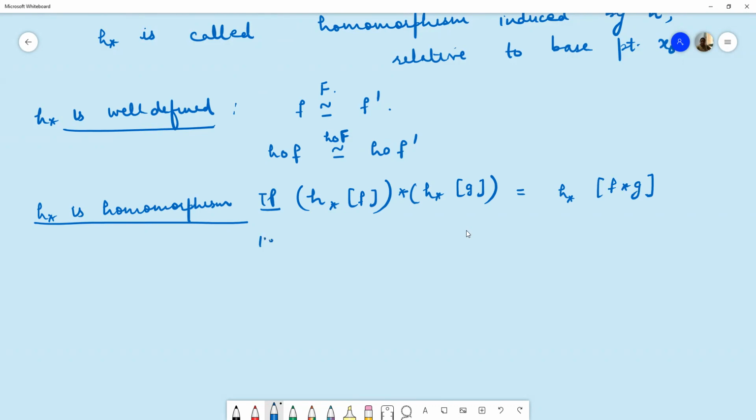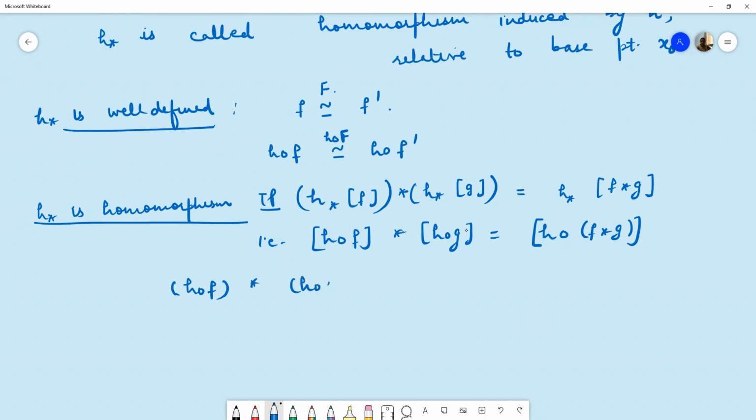And that means we have to prove this: h circle f star h circle g is h circle (f star g). And we have already proved this result, that h circle f star h circle g is equal to h circle (f star g). So from this result, we can easily prove this result. So this is a homomorphism.